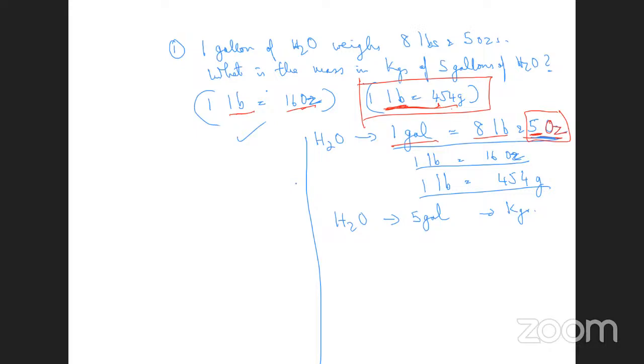Why am I not converting the entire thing from pounds to ounces? Because my conversion is given in pounds, so it's easier to convert. So 8 pounds is fine, but let us see what fraction of a pound this is and add to these 8 pounds. So 5 ounces converting to pounds.